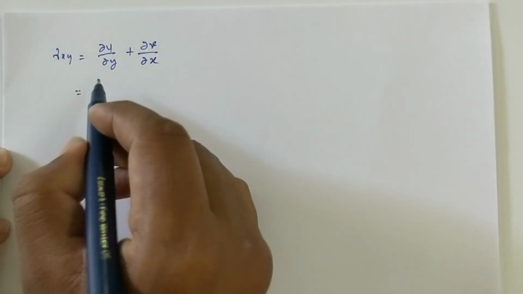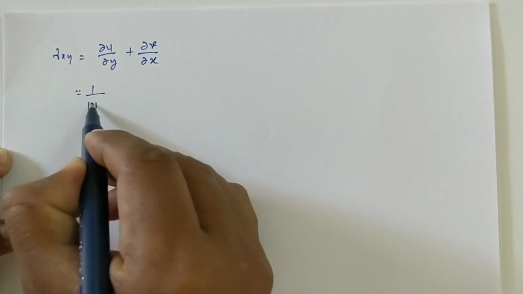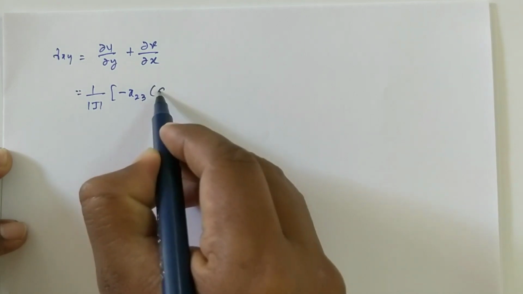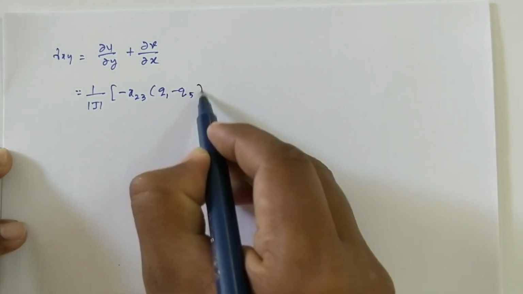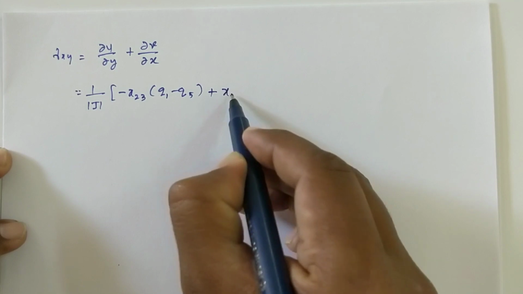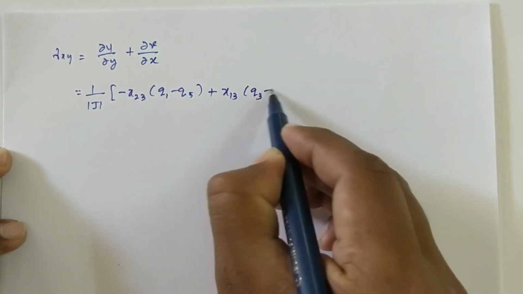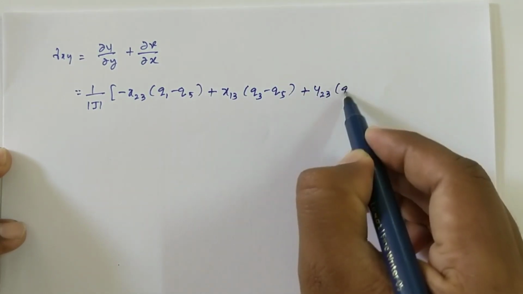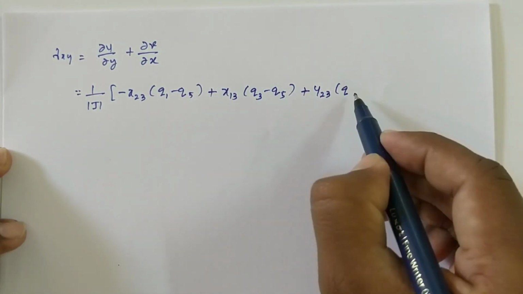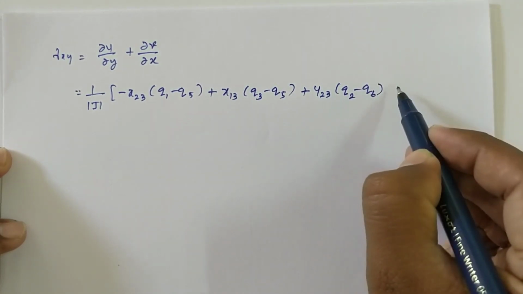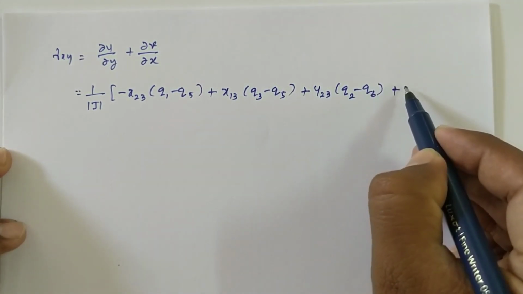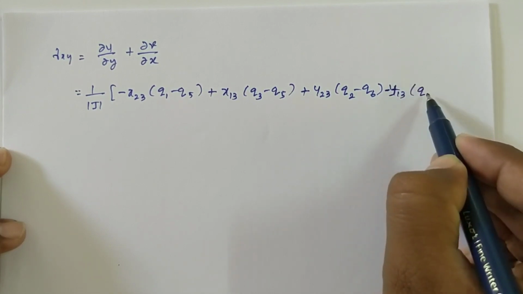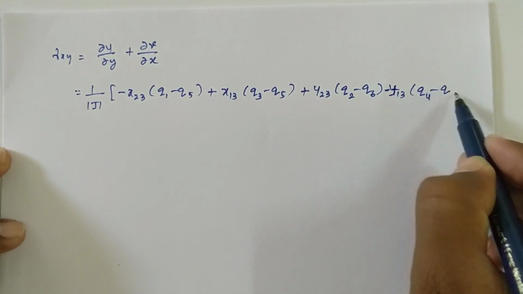So I will write directly, 1 over determinant of J into minus x23 q1 minus q5 plus x13 q3 minus q5 plus y23 q2 minus q6 minus y13 q4 minus q6.